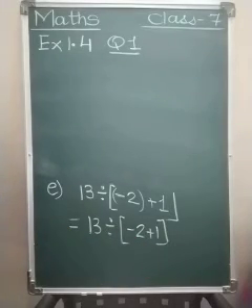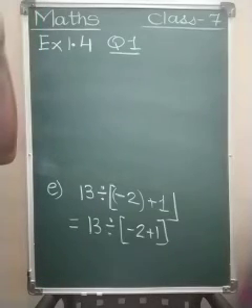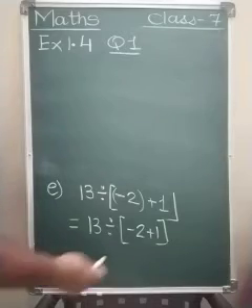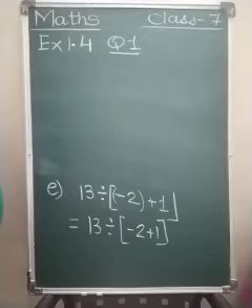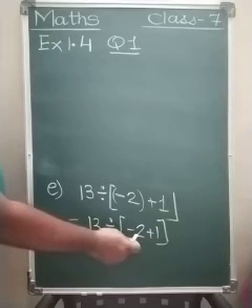Minus and plus, the operation performed is subtraction. So out of 2, 1 is gone. Remember the exercise 1.2 that we have seen, in that we saw the properties. So minus 2 and plus 1, the operation performed would be subtraction. So the answer will be 1, and the sign of the bigger number, 2 is the bigger number and has a minus sign.